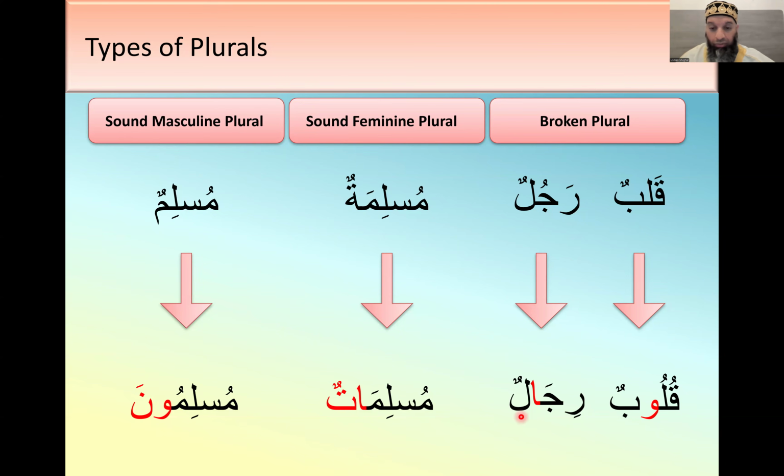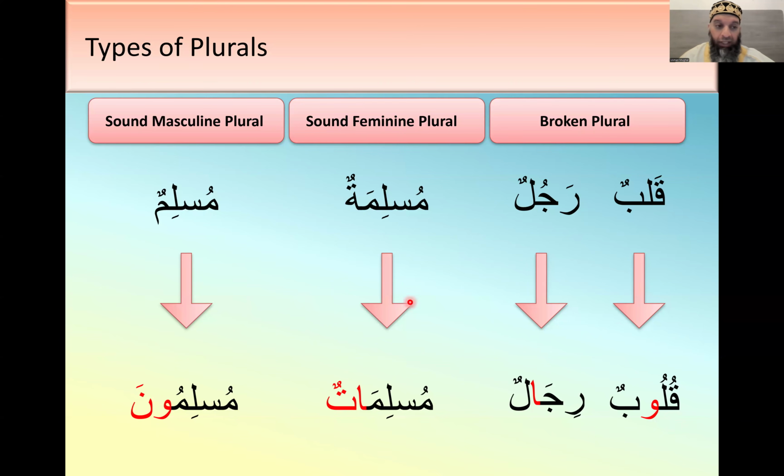You can see I've highlighted what extra has been added to the word. And qalbun, anybody know what qalbun means? Excellent. So qalbun means a heart. This becomes qulubun, which means hearts. Right?